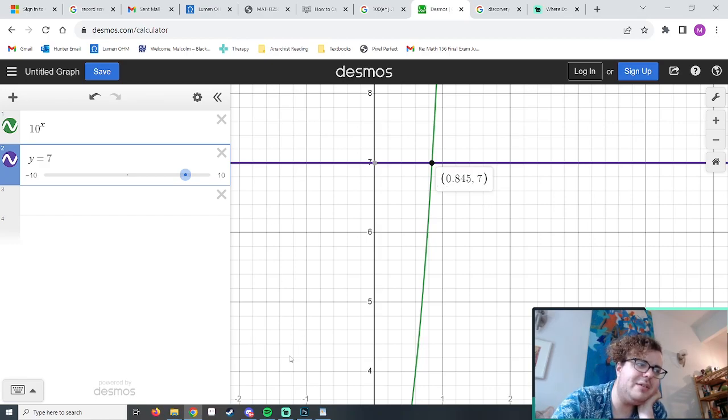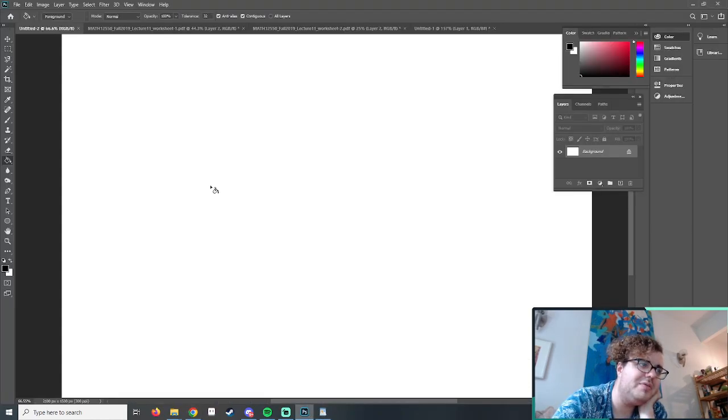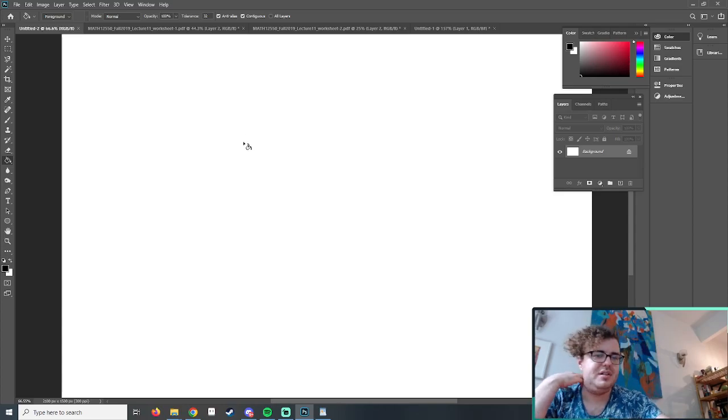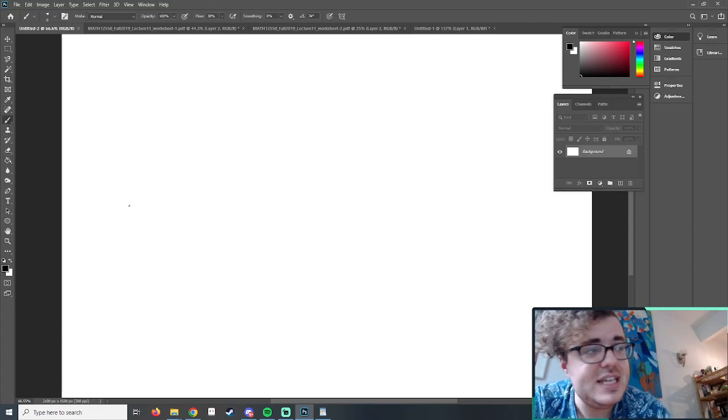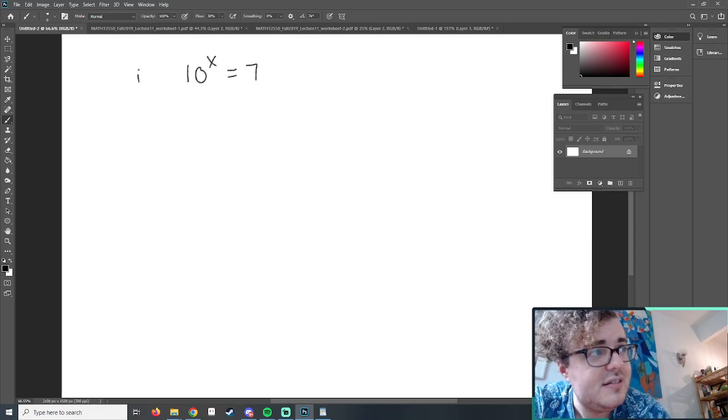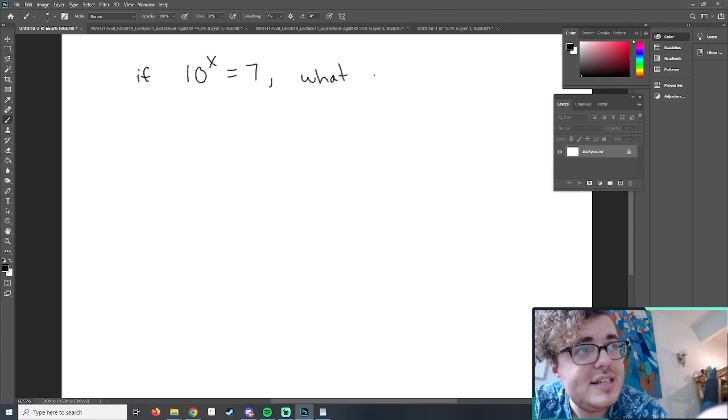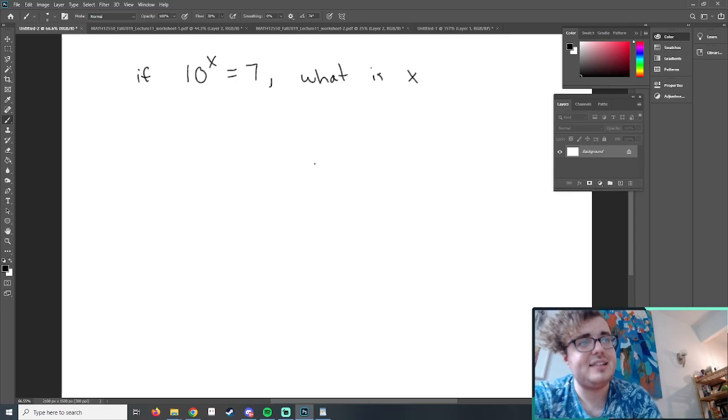So somehow my computer is able to solve a problem of this form. It's able to say, okay, if 10 to the x equals 7, what is x?